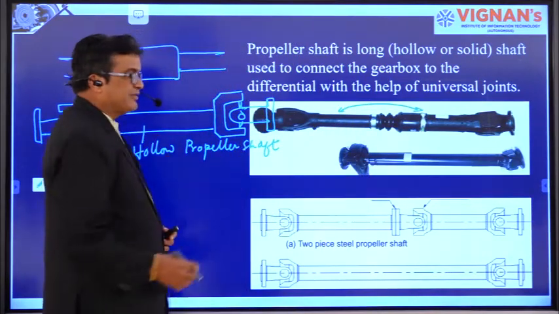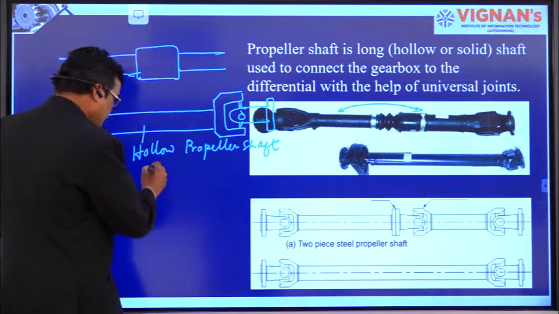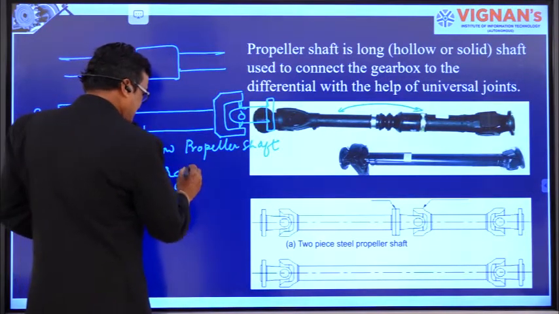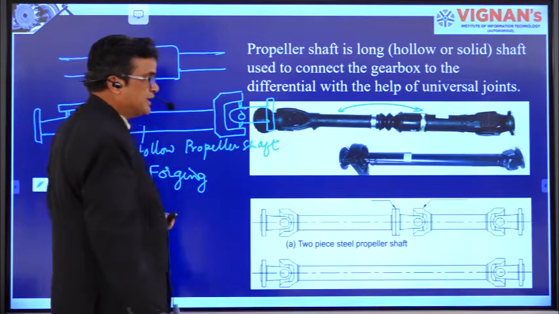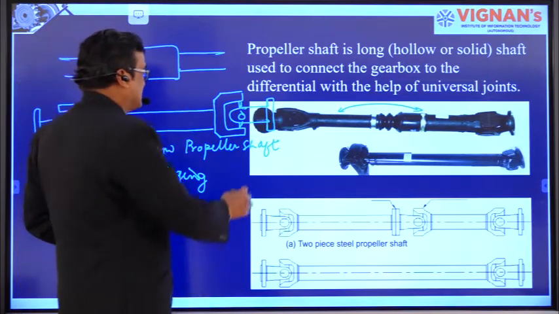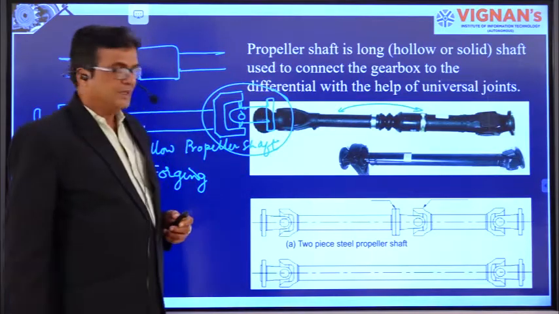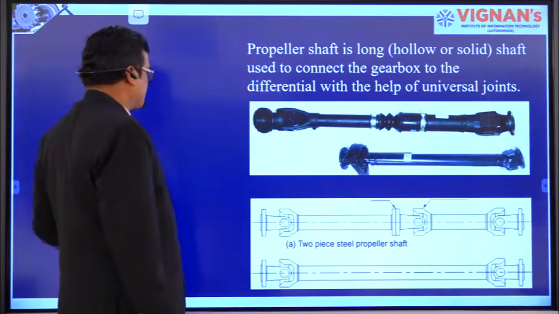And the propeller shaft is made by the forging process, because its strength is to be high, right? And at the end there is a universal joint fixed, right? That is the story of this propeller shaft.